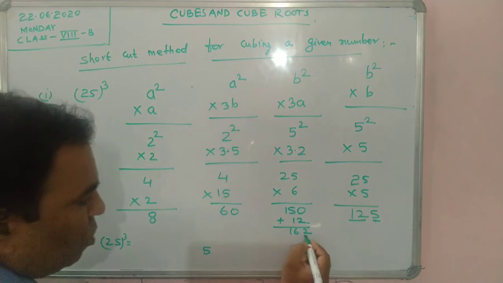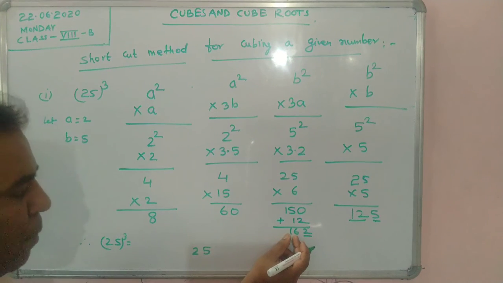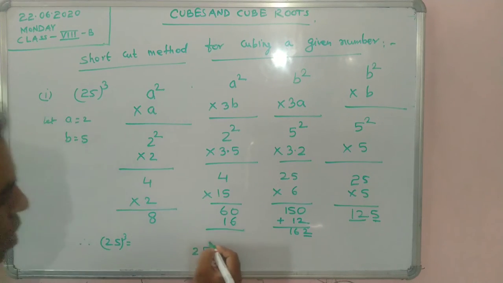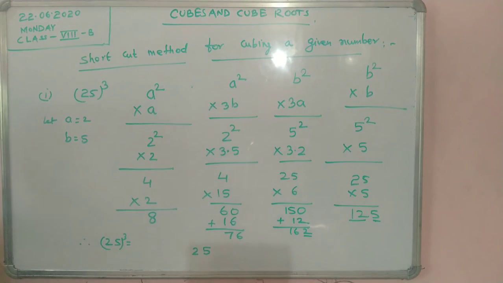Again the unit place 2 will be written over here, and 16 will be transferred to the next column. So 60 plus 16 gives you 76. The unit place is 6, so 6 will be written here. Then 7 will be transferred to the last column. So 8 plus 7 will give you 15. So this 15 will be noted down here. So this is your 25 cube.